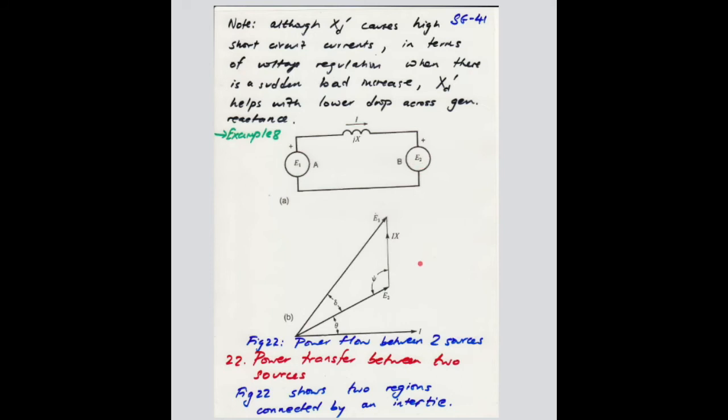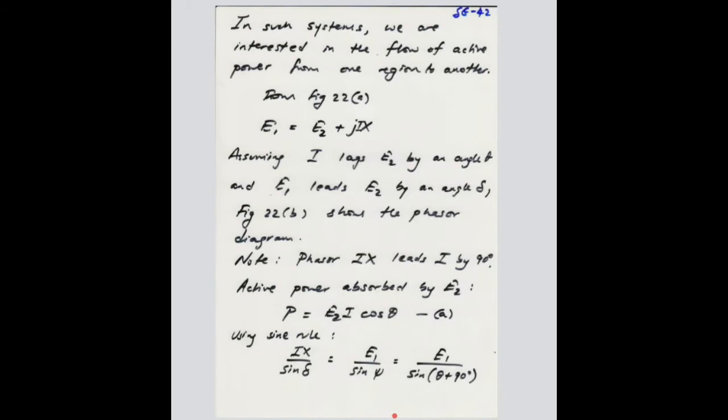And we can see that the transmission line is carrying a certain current I, and it has a certain reactance. The transmission reactance is X, and from this equivalent circuit, you can determine that the voltage E1 is equal to the drop across the transmission line plus the voltage E2, right?